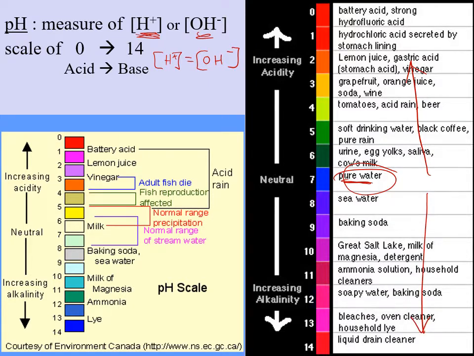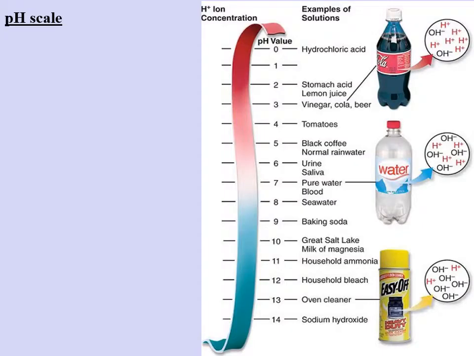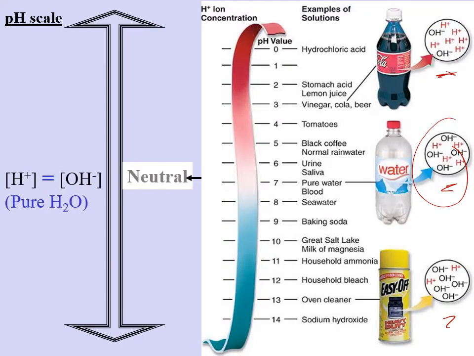And these are all common examples on these two. If you want to pause the video and look at a few of these that you're familiar with, it should make sense with your experience. Here's another example. I like this example a bit better, so if you're going to get one for your notes, I would get this one and make sure you include these little circles, because what it shows you is that at 7, pure water, the hydroxide and the hydrogen ions are more or less equal.